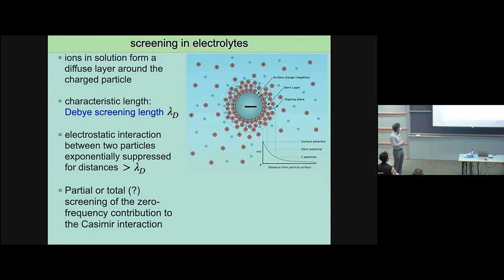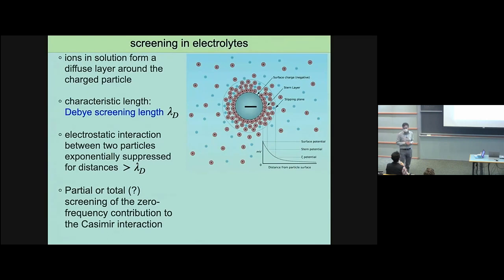Debye screening length, lambda D. So if I think of the van der Waals interaction as arising from, say, dipolar fluctuations, we might wonder if the van der Waals interaction would also be screened like the electrostatic interaction is.